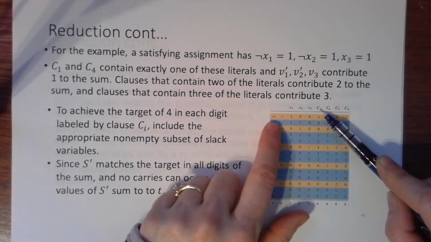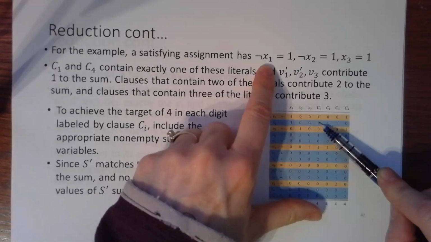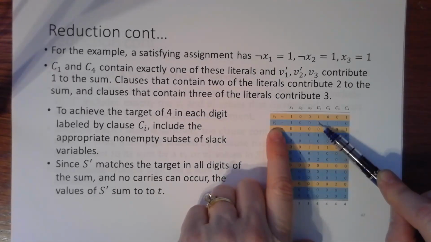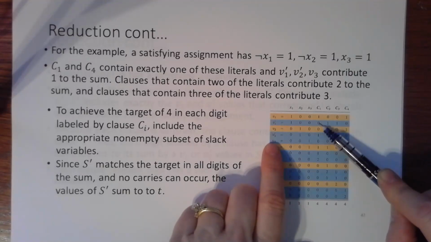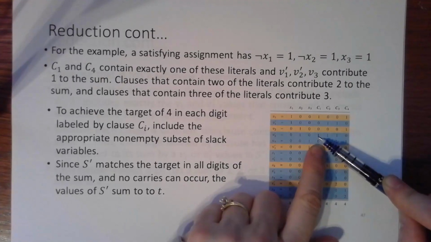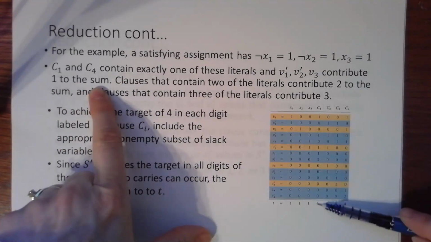It doesn't have an x1 bar. Does it have an x2 bar? Yes, it does have an x2 bar, and it does not have an x3. So it contributes 1 to the sum in that spot.